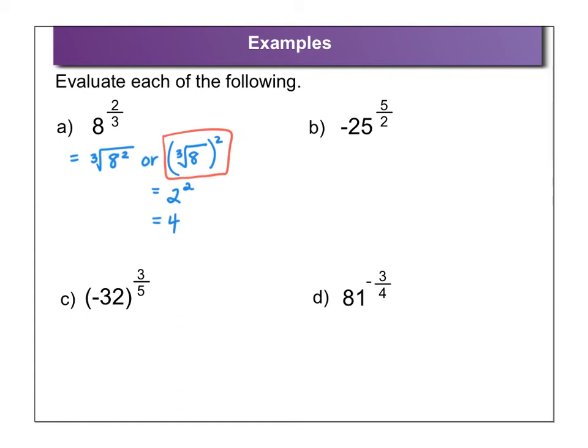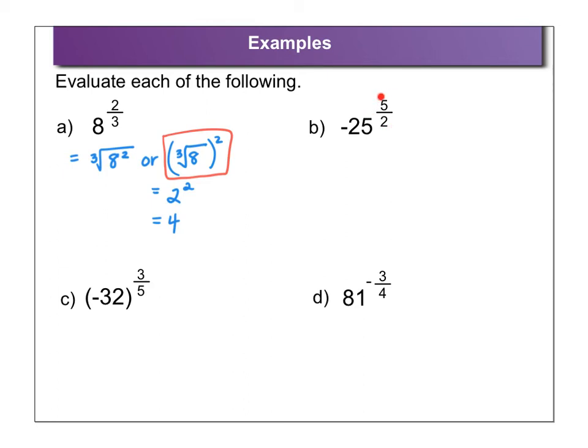So let's begin by taking a look at question B. The first thing I really want to pay attention to is that negative sign that's out front. I always have to ask myself when I see a negative sign like that, is that negative a part of the base of this power? Notice that we have the exponent 5 over 2, a fractional exponent, but because there are not any brackets here, this 5 over 2 only applies to what it's directly connected to.